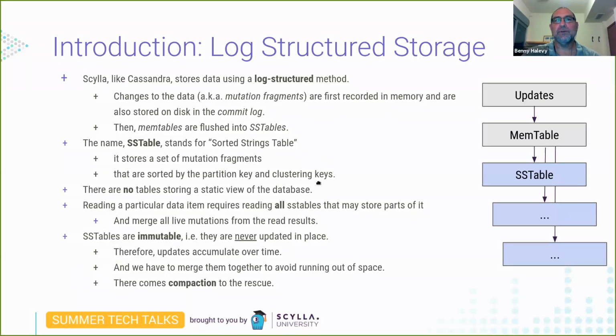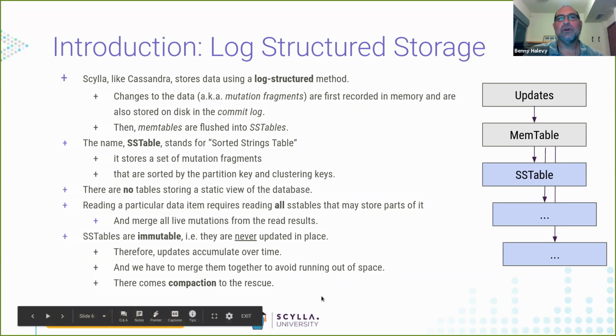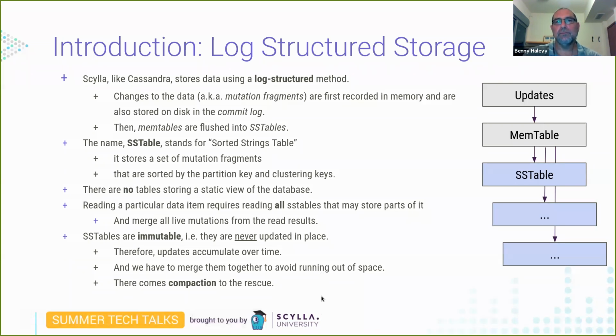Okay, to start our introduction, let's talk a little bit about log structured storage. Scylla, like Cassandra, stores data using a log structured method. Any changes to the data, that we also call mutation fragments, are first recorded in memory and are stored in parallel also on disk in the commit log.